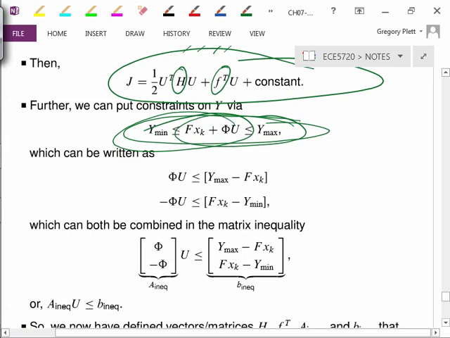This should look kind of similar to what we did in the previous section for the fast charging. So I have some matrix times u is less than or equal to some known constant matrix, or overall A inequality times u is less than or equal to B inequality.